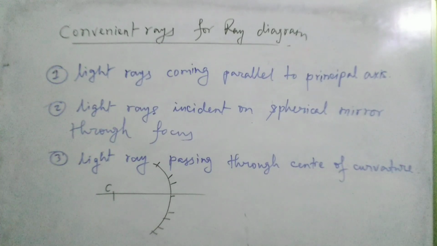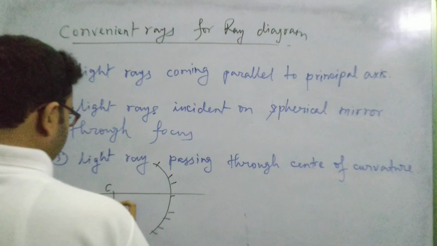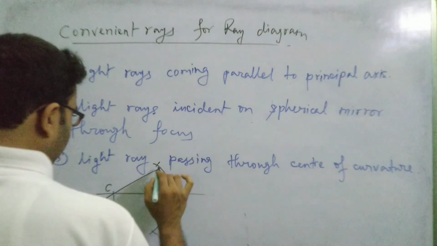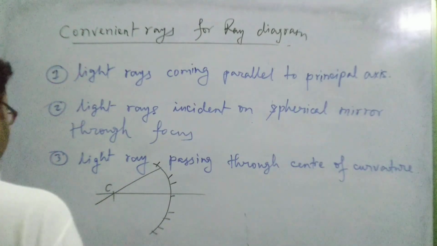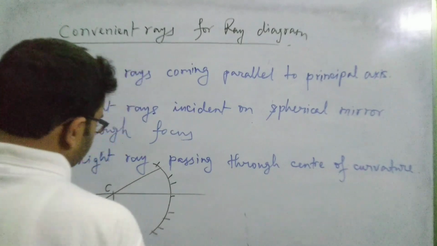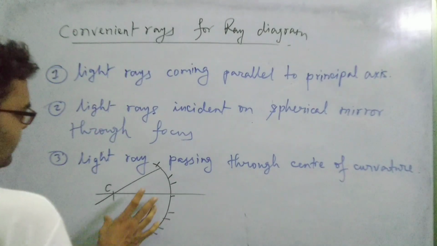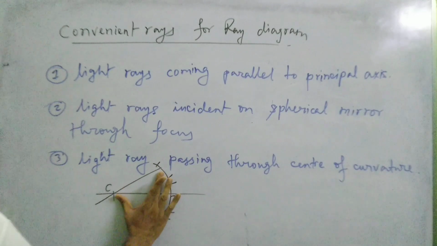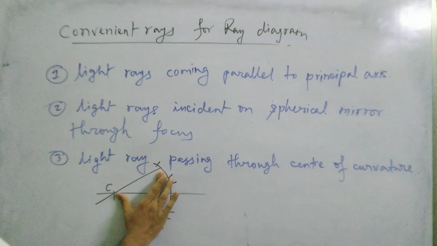See, when the light ray is joining to a point on the surface of the spherical mirror, this length, can you see? Yes, this length is actually the radius of curvature, isn't it?